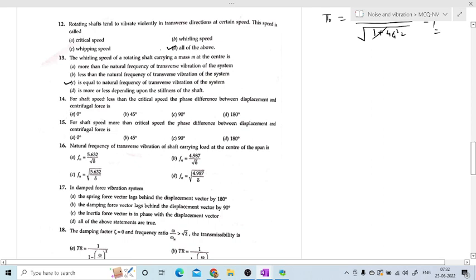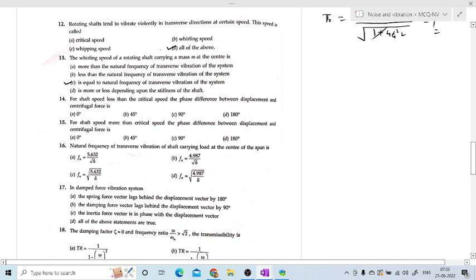Look, for a shaft less than the critical speed, the phase difference between the displacement and centrifugal force is. Now you will have to remember these two questions. If the speed is less than critical speed, then the phase difference between displacement and centrifugal force is, meaning we have to consider the underdamped system, and in that underdamped system we give the answer for this 14.